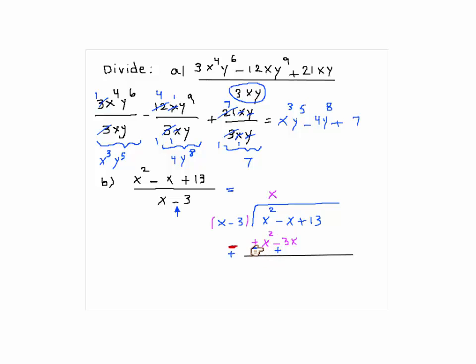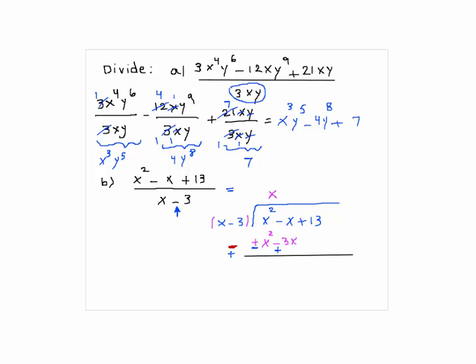Jennifer just typed, why did you put a plus sign next to x to the power of 2? Well, because x times x is x to the power of 2. I put a plus sign here to remind you that the sign for x to the power of 2 is positive. So when I subtract this row from this row, I need to change the sign from subtraction to addition. Now I have to change the sign of each term in the second row into its opposite sign. So this was plus before, now it becomes minus. This was minus, now it becomes plus.